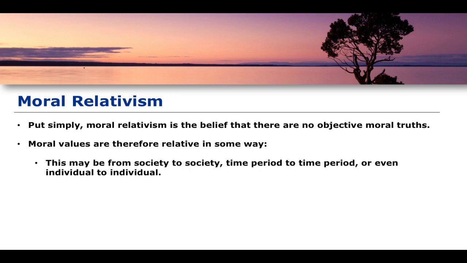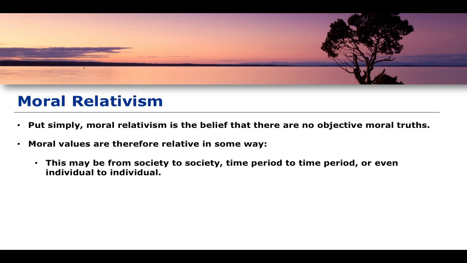This may be as if we have a differentiation from society to society. So some societies may value certain moral judgments and ethical principles more than other societies, or even from the same society but from a different time period, or, if we're being hyper-specific, from individual to individual.